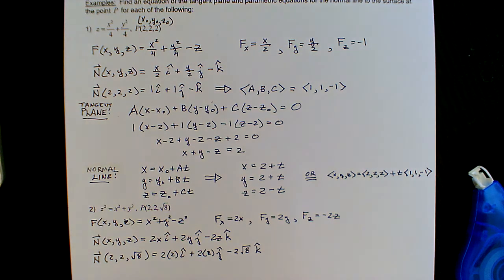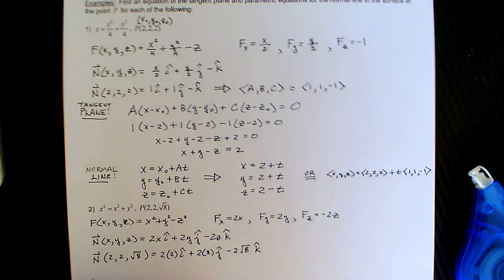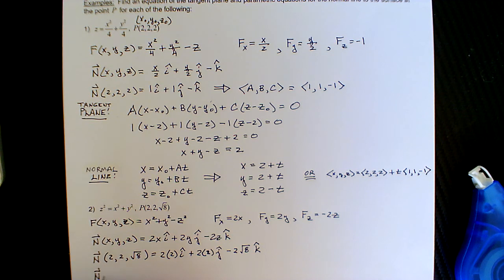Well, let's simplify that first, of course. We get 4i plus 4j minus 2 square root of 8 times k.